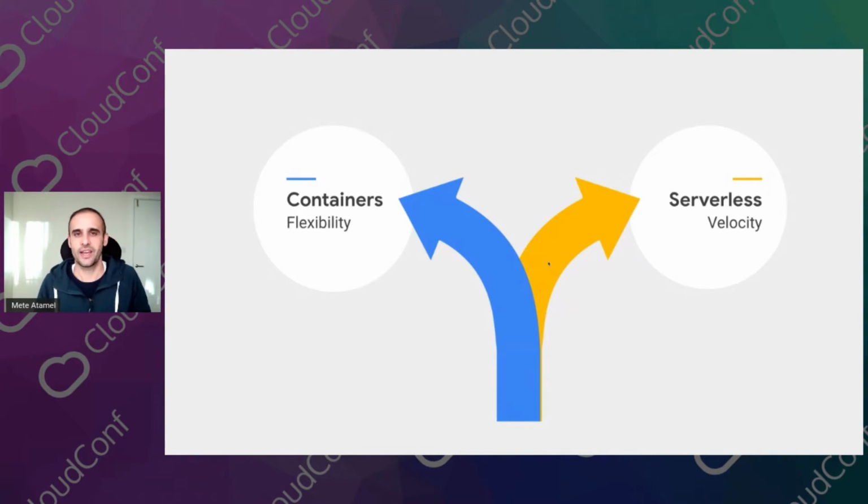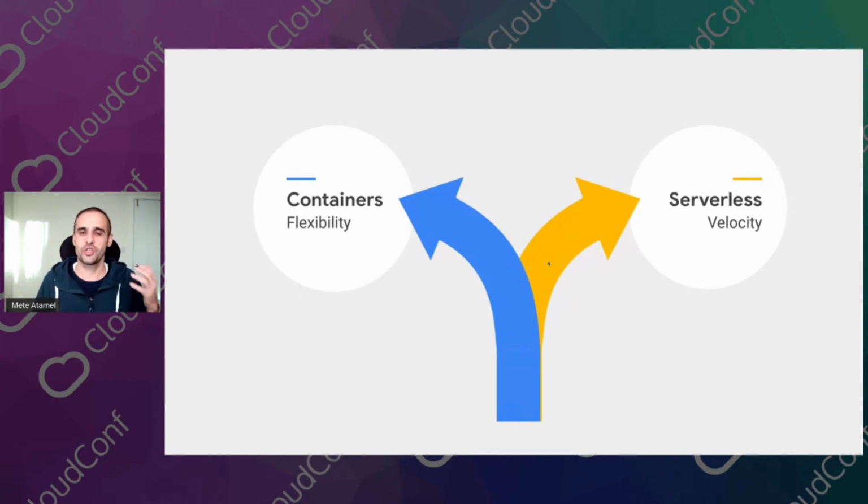So I call containers the thing that gives you flexibility, because basically anything that you can run, you can put into a container. So it gives you a lot of flexibility, but then you lose the benefits of serverless. You lose all this abstraction, all this auto-scaling, and all the things that you take for granted on serverless.